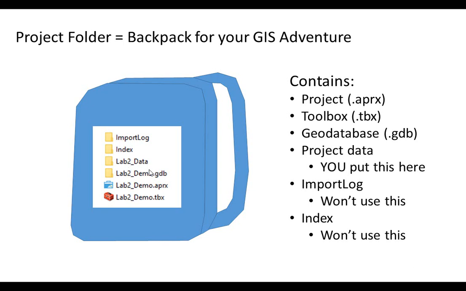And this is very important because if your data is not inside the same folder as your project file, every time you move your project, you will have missing data problems, and this can be very scary. But it will be okay as long as you always download your data within the same folder.